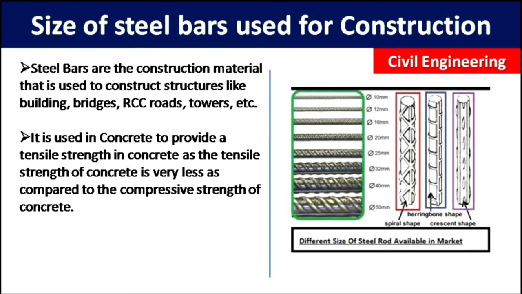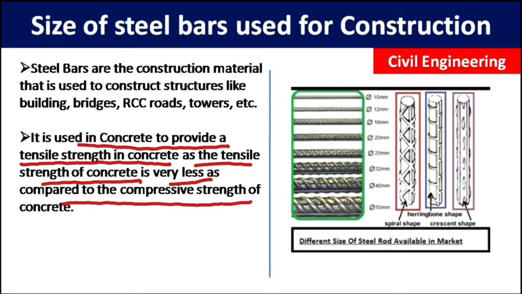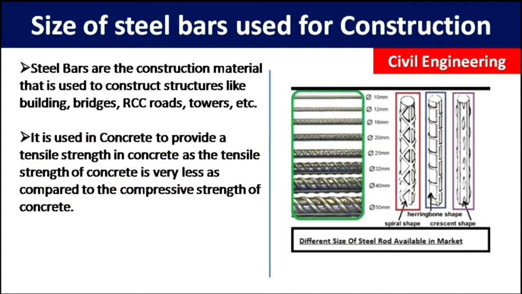It is used in concrete to provide tensile strength, as the tensile strength of concrete is very less as compared to its compressive strength. A structure made with concrete only is stronger in compression but weak in tension. So to provide tensile strength in the concrete we have to provide steel rod. For example, this is a column.